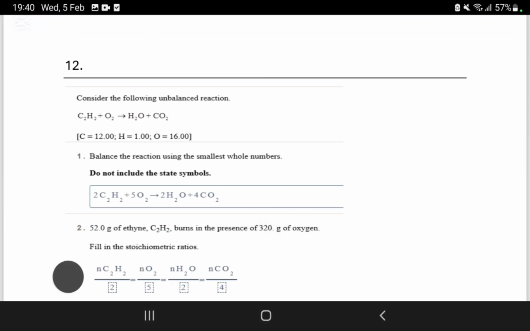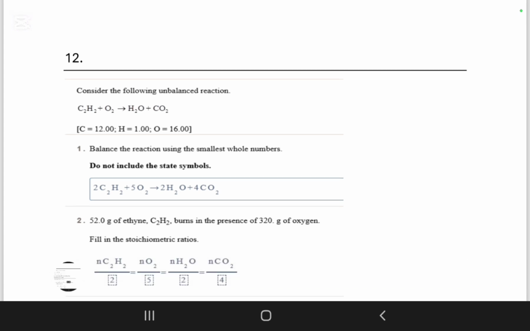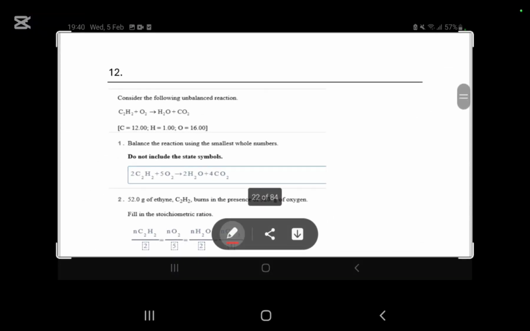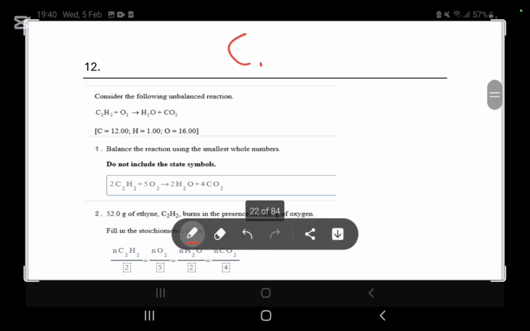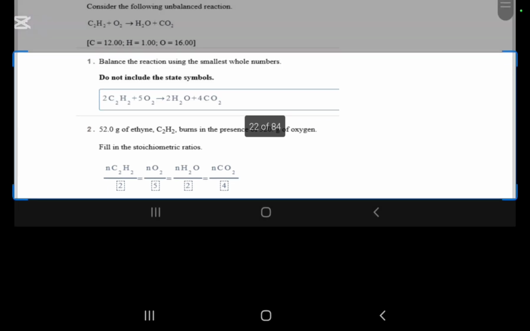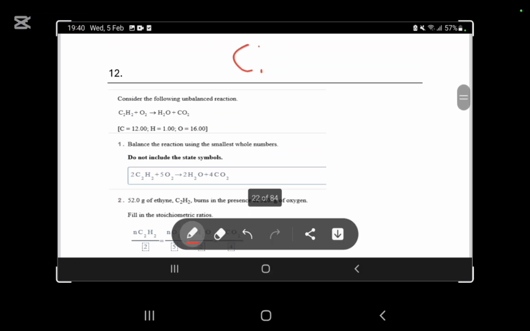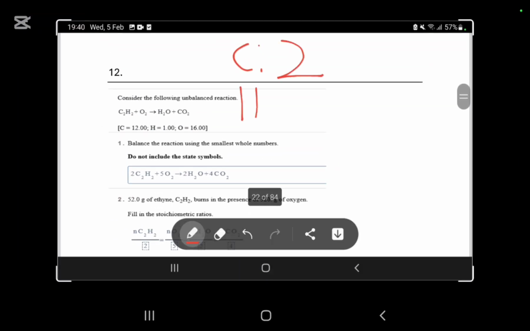Here we go again. So we have C2, okay, let me split it into two. C is 2, H is 2, O is 2.